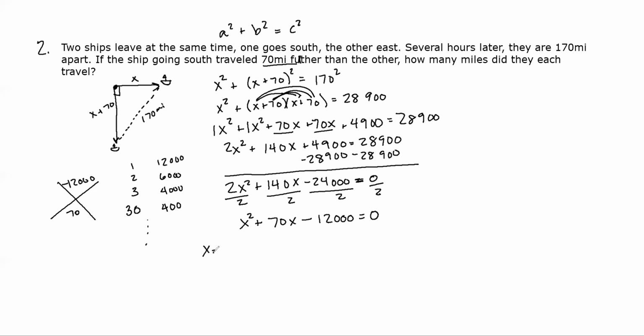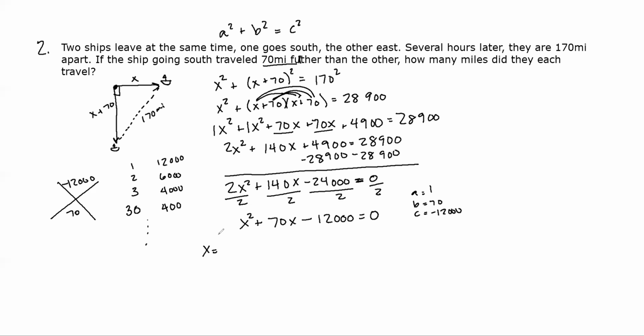So x equals negative b, let me write these out, a, b, and c. A is 1, b is 70, c is negative 12,000. So we are going to have to deal with that big number, but let's go ahead and try it.